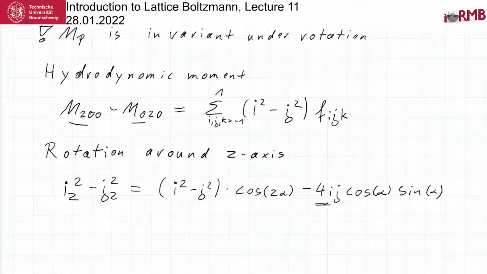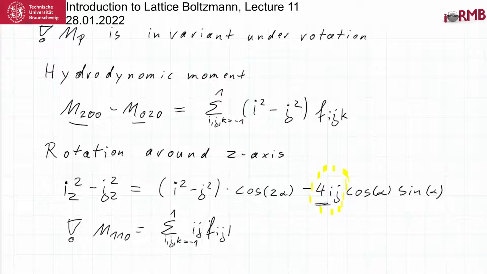It does not only depend on alpha, but there is something that actually looks like a different moment, namely ij. Now, what is ij? Remember that we have a moment that is defined as being dependent on ij, namely m110, the sum over ijk equal to -1 to 1 of ij f_ijk.